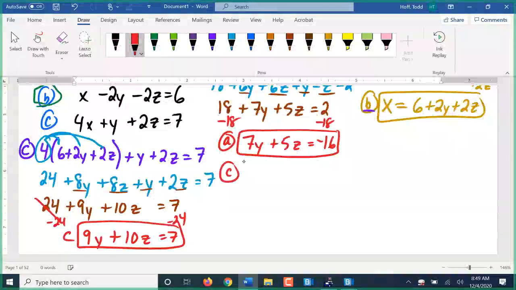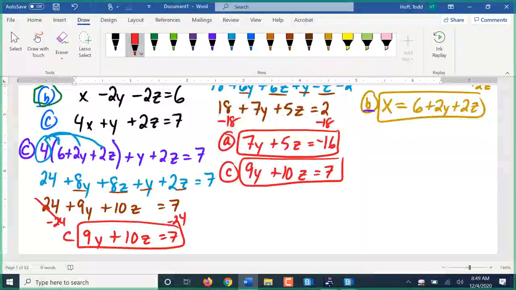That's equation C. That is the second equation in our two-variable system. I'm going to rewrite it up here so these two are together. Now, looking at these two equations, there is no easy route to solving this two-variable system.